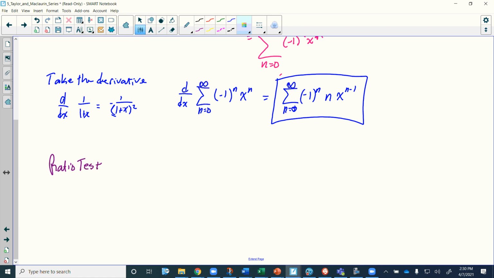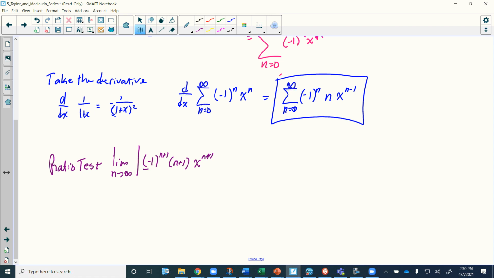And if I take the ratio test of the expression that we have, in this case, we're going to say the limit as n approaches infinity of the absolute value of a sub n plus 1, which in this case will give me negative 1 to the n plus 1 power times n plus 1 times x to the n plus 1 power.